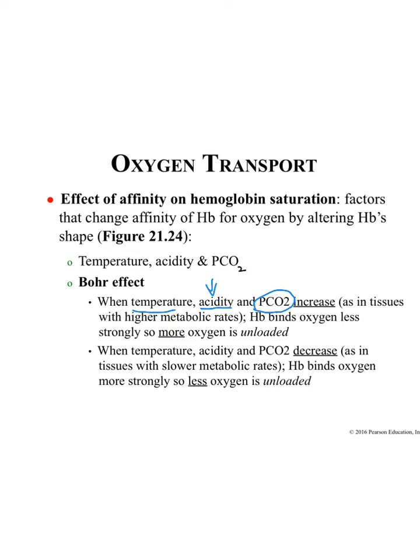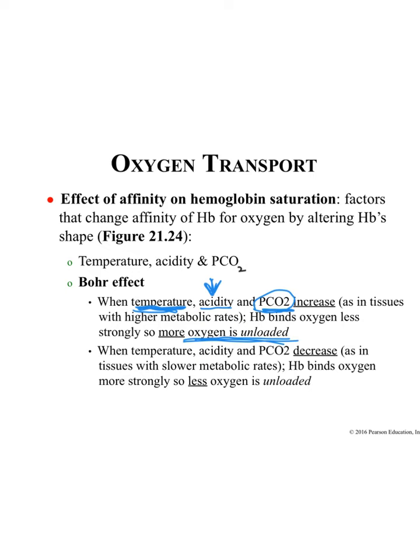Think about when you're working out, you're producing a lot more heat, so temperature would be going up. Naturally, your cells are using more oxygen to make more ATP, so you're going to end up producing more CO2, so that's going to increase. And whenever you have more CO2, naturally that's going to drop pH. That makes sense. When you're working out, you want more oxygen unloaded at your tissues because your cells need more oxygen than what they normally have.